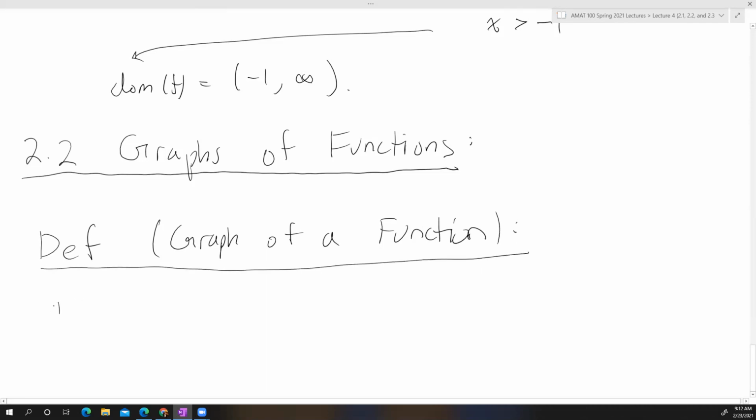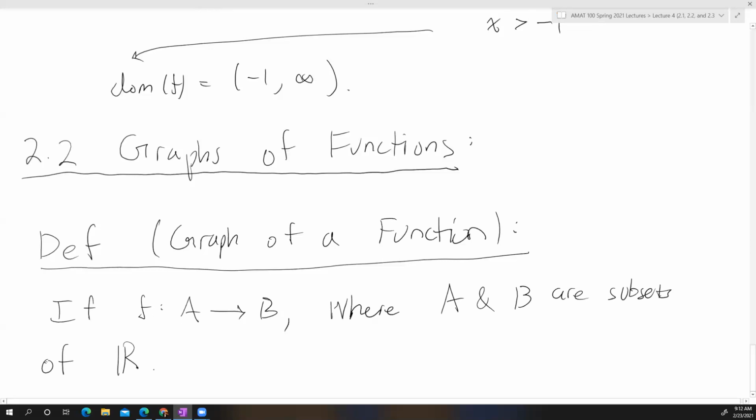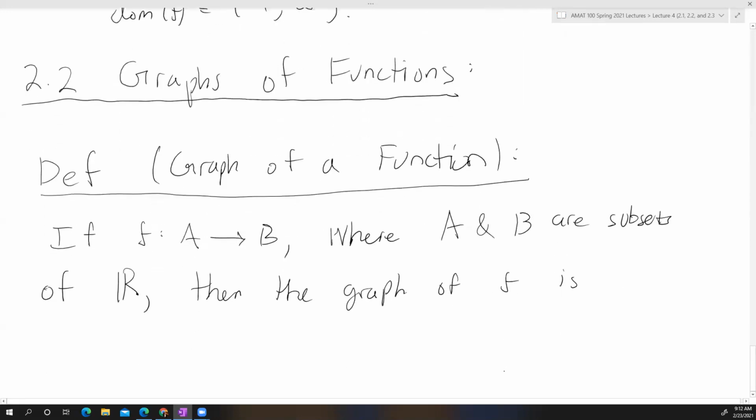So if we have some function f from A to B, where A and B are subsets of real numbers, then the graph of f is the following set.